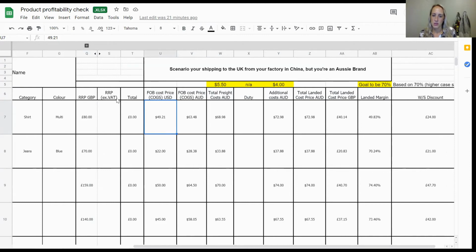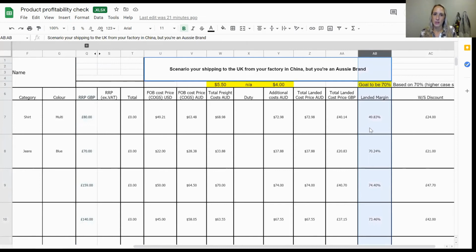So you need to pretty much create a similar template to this. And what you're doing is looking at the sale price, so what you think it's worth retailing at, and stripping out all of your costs, actually how much money it's going to make you. What is the landed margin in this scenario?